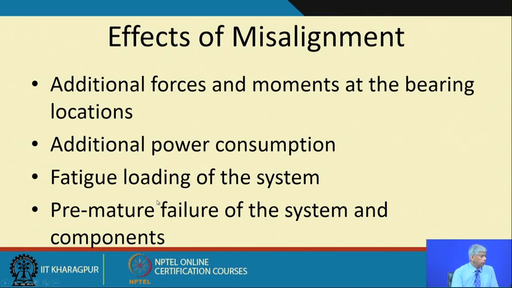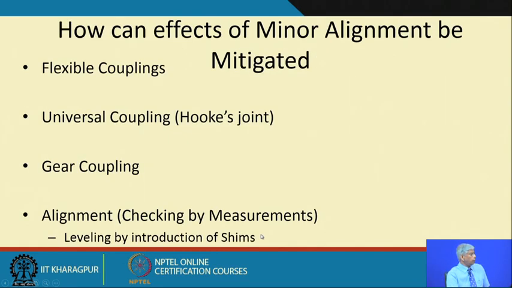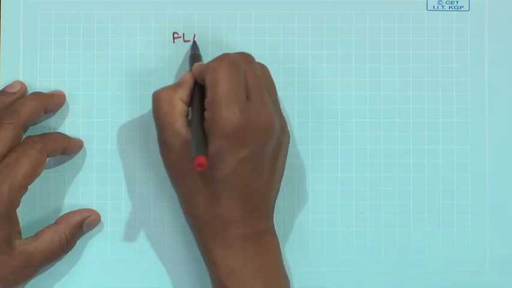Obviously, there is also fatigue loading of the system and premature failure of the system and components. So, how can minor misalignment be mitigated? One is to have a flexible coupling, and you would have seen in all these machines which are driven by motors, there are flexible couplings.